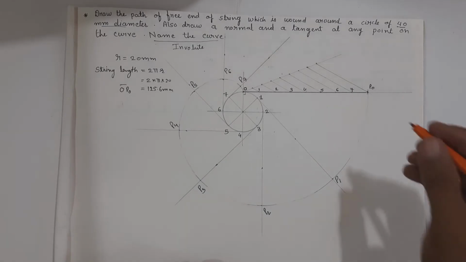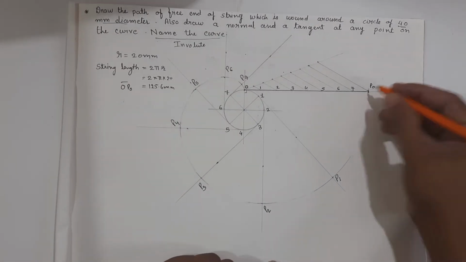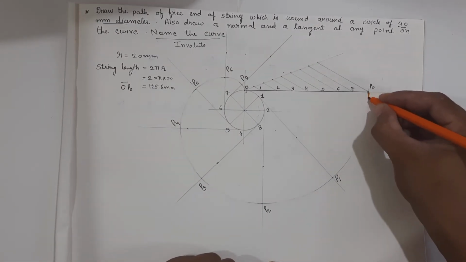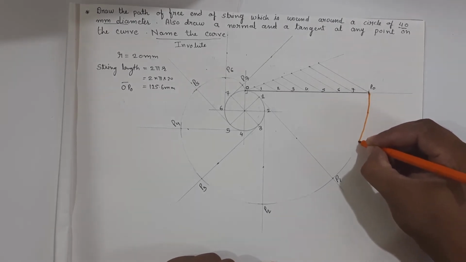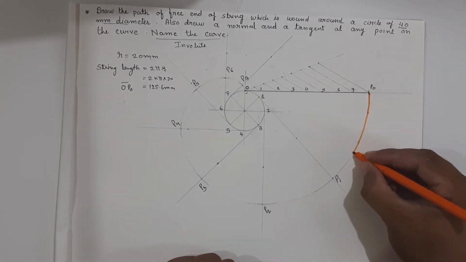So now draw the curve passing from P0, P1.